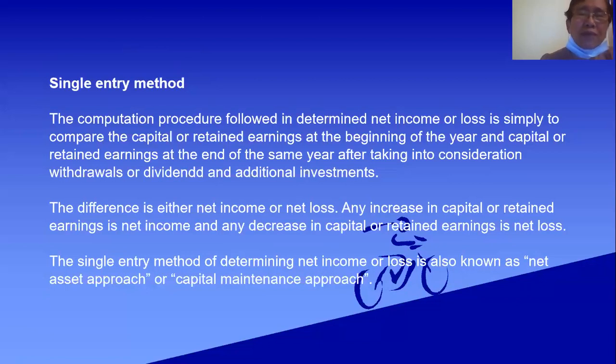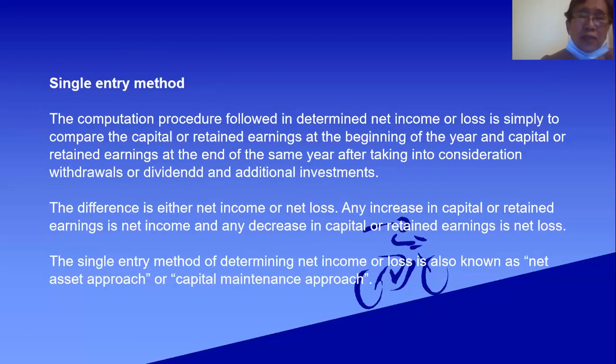So whatever is the balancing figure, that's your net income or loss. The difference is either net income or net loss. Any increase in capital or retained earnings is net income. Any decrease is net loss.